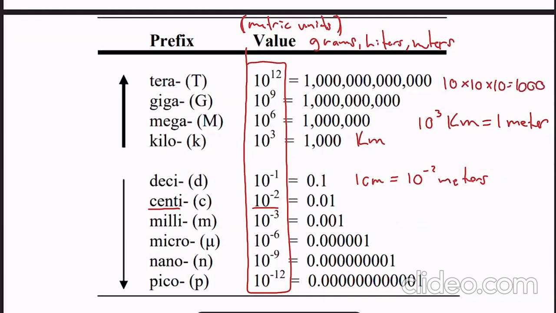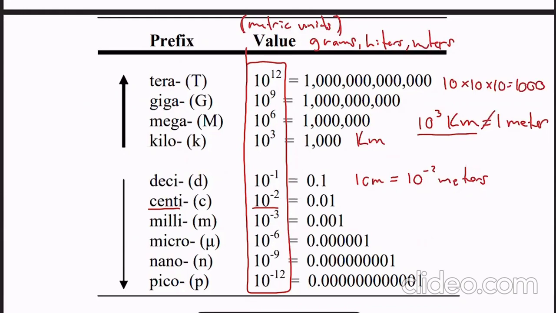A kilometer is about 3/4 of a mile. So 1,000 kilometers, and a kilometer is about 3/4 of a mile, is definitely not equal to 1 meter.